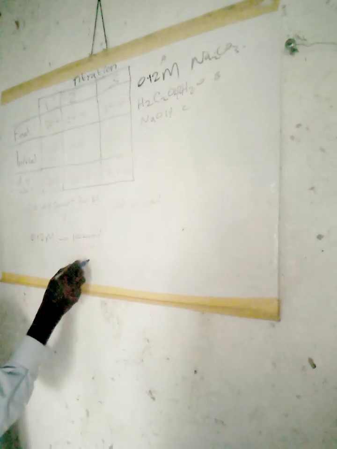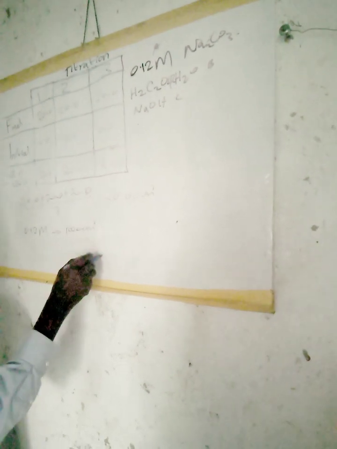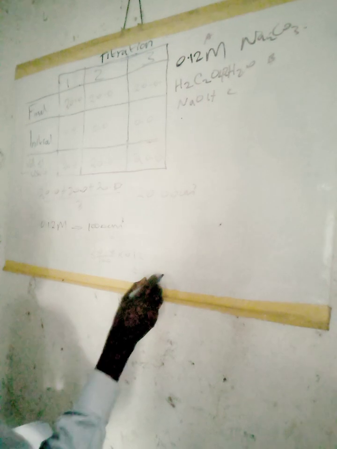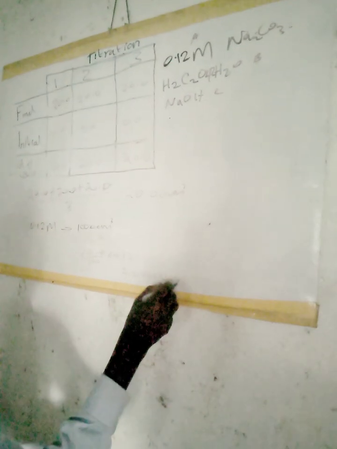So I take 20.0 divided by 1000, then multiply by 0.12, which gives 0.0024 moles. That is the number of moles of solution A used. That's only 1 mark.